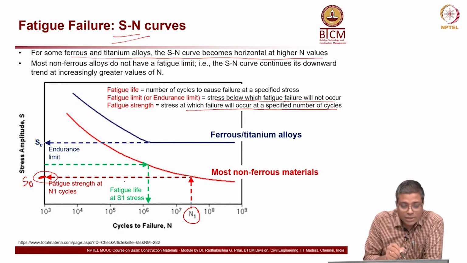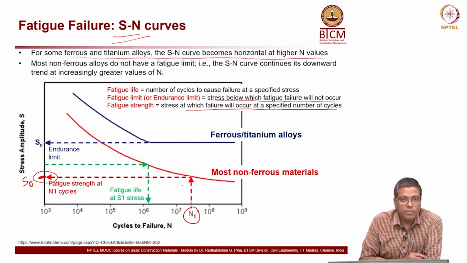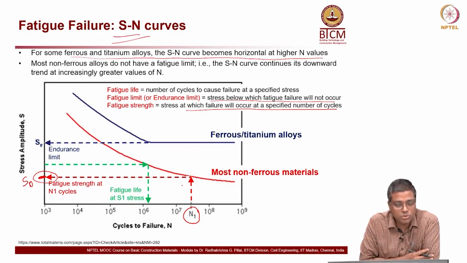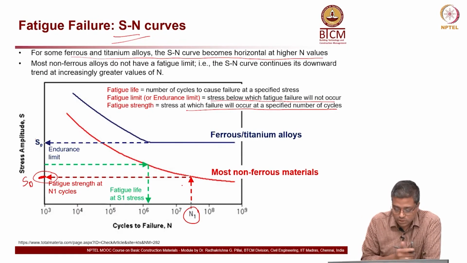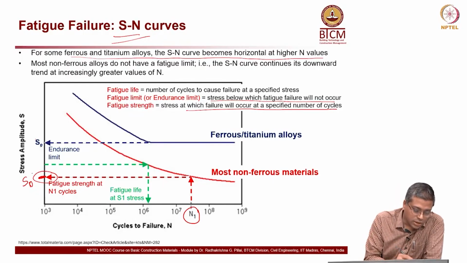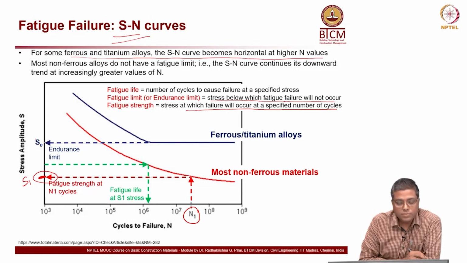So, now look at the green. This is the case where I am in a design stage, where I know the number of load cycles which the structure is supposed to experience, or supposed to withstand, that is N1, and the corresponding S1, or the stress corresponding to N1.